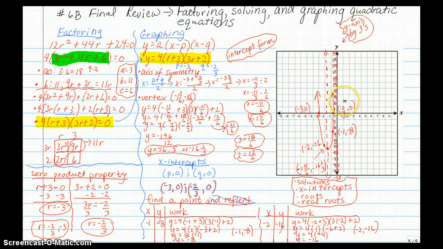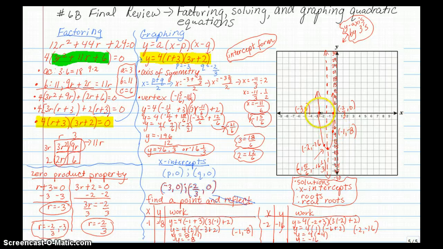So we plug in negative 1 back into this. So y equals 4 times negative 1 plus 3 times 3 times negative 1 plus 2. Negative 1 and 3 is 2. 3 times negative 1 is negative 3 plus 2, which is negative 1. So you have 4 times 2, which is 8, times negative 1, which is negative 8. Negative 1, negative 8.